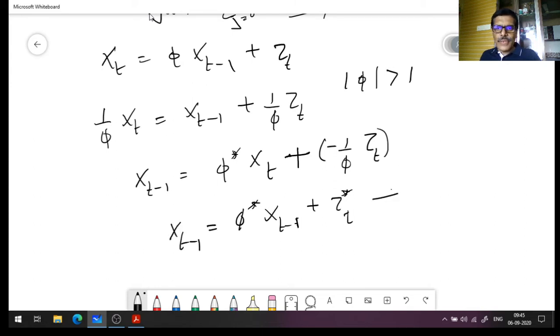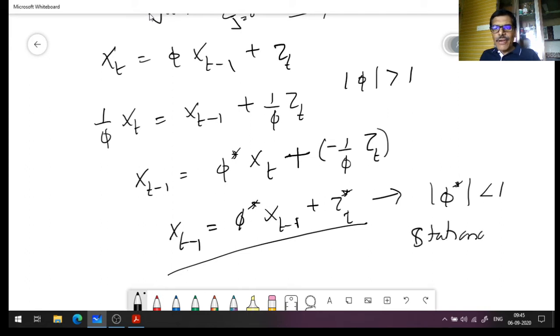So this is also in the same form. Now, whenever phi is greater than 1, absolute of phi star is less than 1. So you may immediately ask, then is this process stationary? Well, this is stationary. There is no problem.